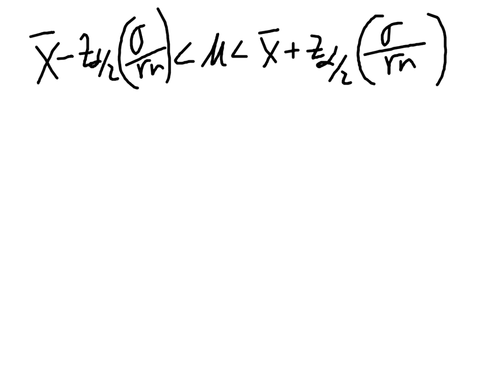We hopefully know what the z sub alpha over 2 is. It's just a z value, and we're going to use that same z value on both sides of the interval. We're going to be given a standard deviation, and we're going to be given a number that was sampled.